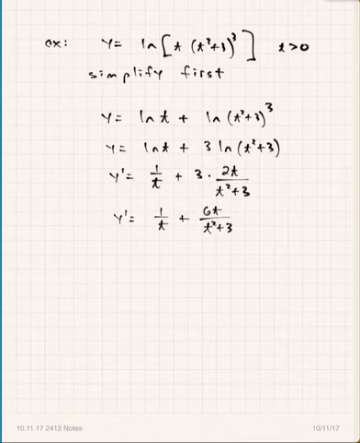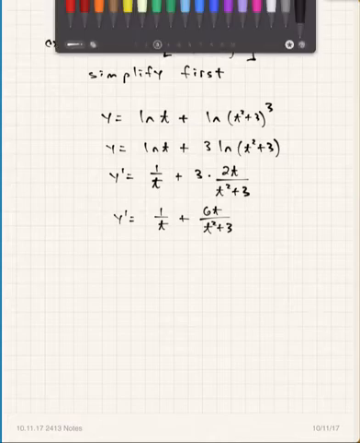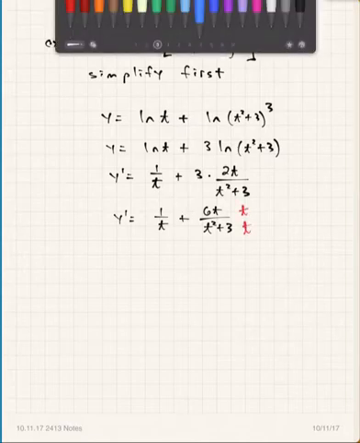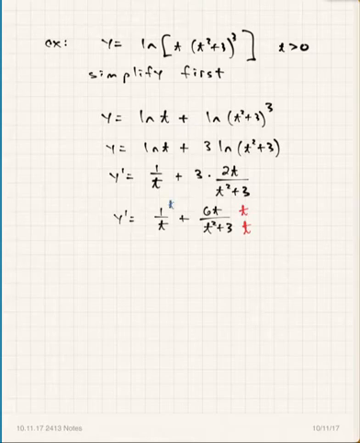Now, you are calculus students after all, so you ought to be able to get a common denominator on fractions like that. And so the second fraction you'd multiply by t over t, and on the first fraction you'd multiply by t squared plus 3 over t squared plus 3. Right?